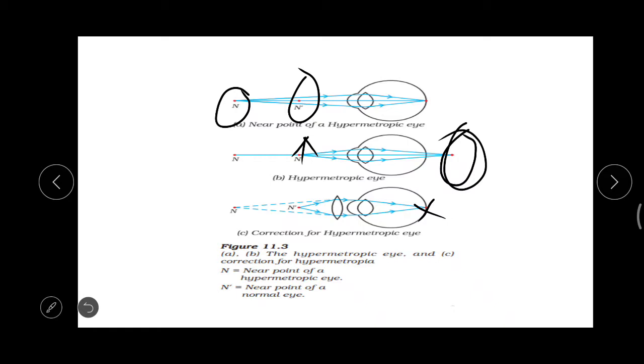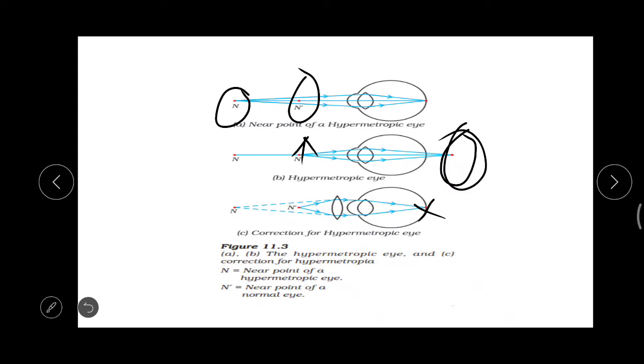And one more defect is there, that is presbyopia. Actually it is also a kind of farsightedness only, a person who cannot see the objects near to his eye. And the reason is aging. Whenever people are getting aged, older people are affected by presbyopia, because of the weakening of the ciliary muscles and the flexibility of the lens being reduced.